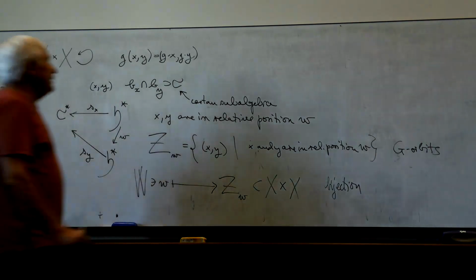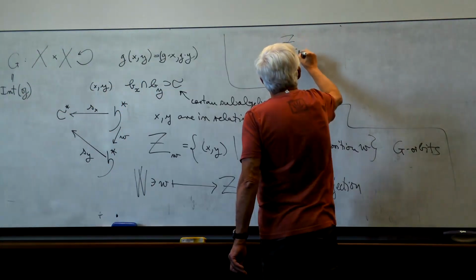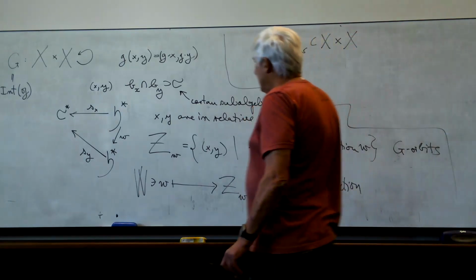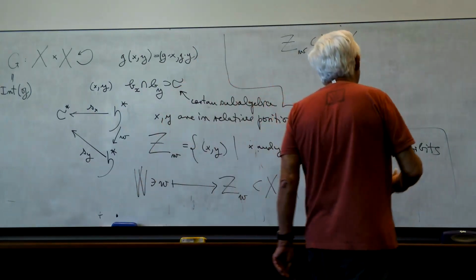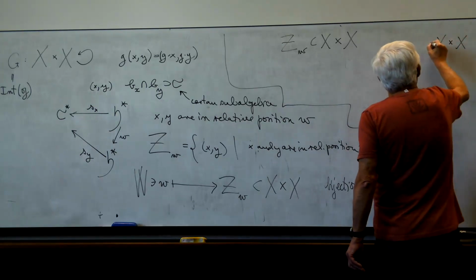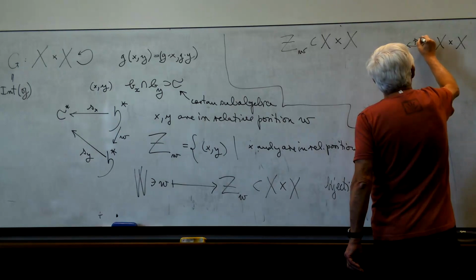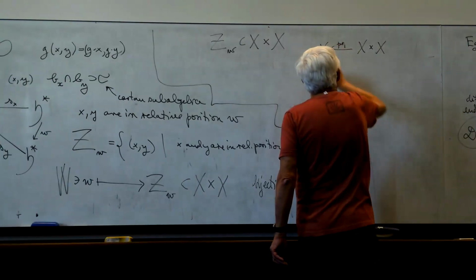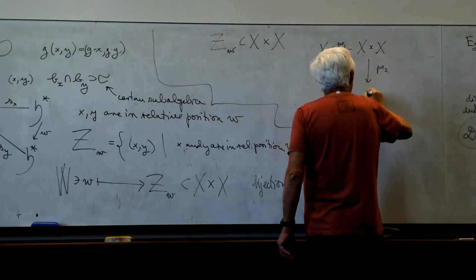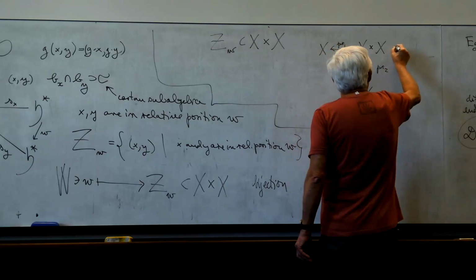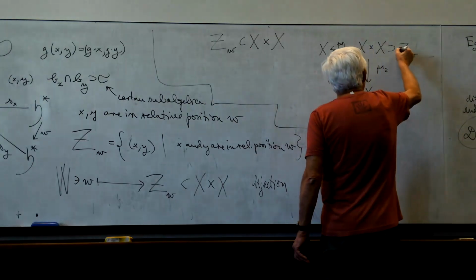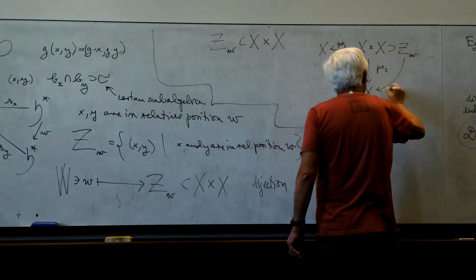So if I take a W in X cross X, then I can look at the following diagram. First I have the projection to the first coordinate, the first variety, and then I have the projection to the second coordinate, the second variety. This contains W, and I can take the composition.